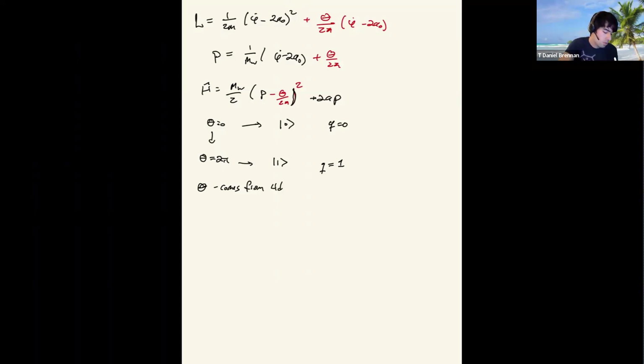So if you just write out the 4-dimensional theta angle interaction, you can decompose it into the electric and magnetic components.